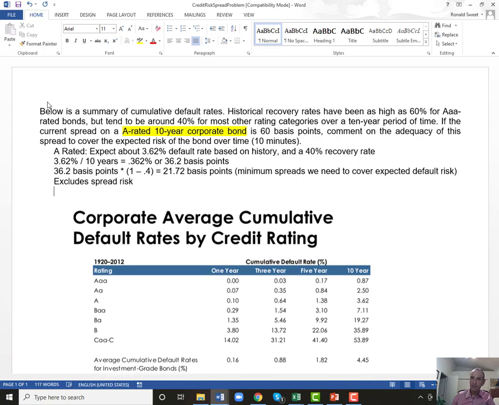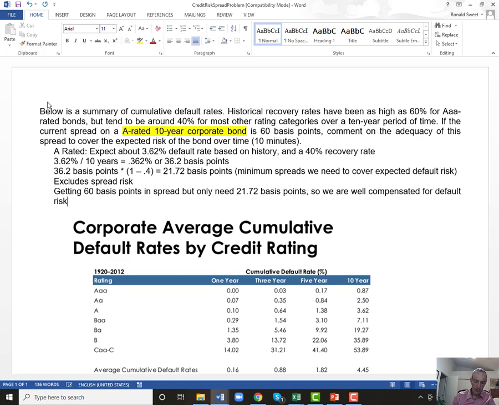But if you think about it, we're getting 60 basis points in spread, but only need 21.72 basis points. So we are well compensated for default risk.